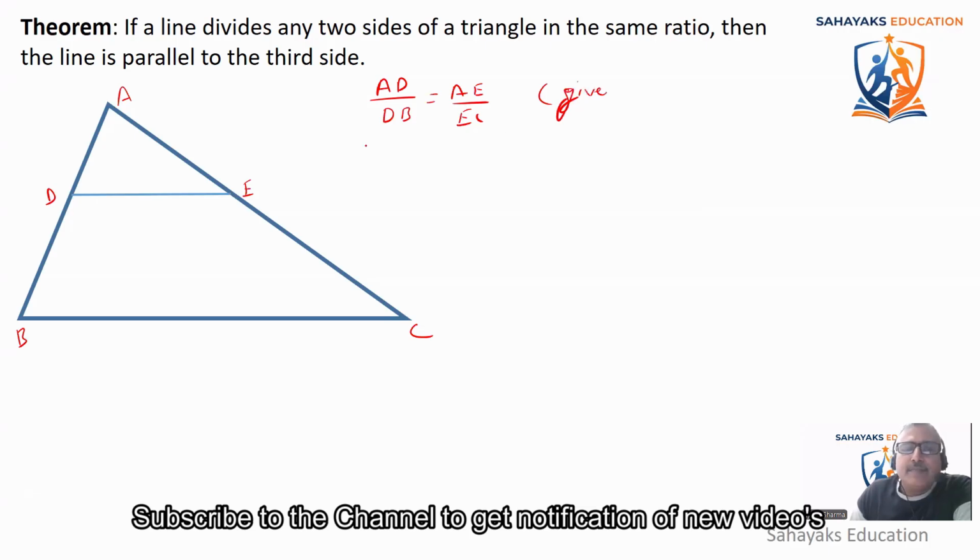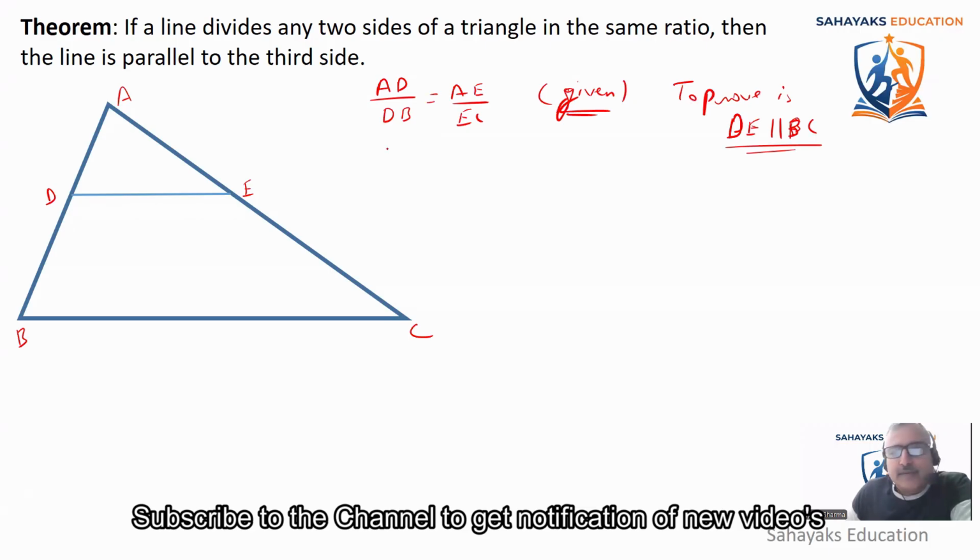What we have to prove is that line DE is parallel to line BC. This is what we have to prove.